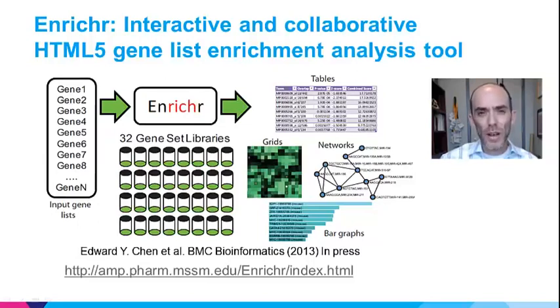What Enrichr also has, which is very powerful, is various types of visualization capabilities that generate vector graphic images that are exportable for publications. So now I'm going to show you a live demo of Enrichr.